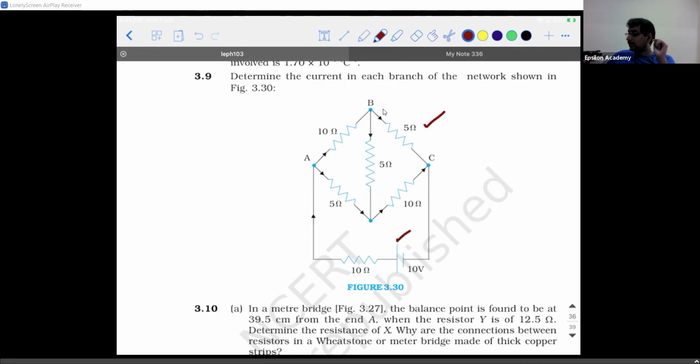From this one cell, let's say the current supplied by the cell is I. At this junction, the current will get split into two parts.